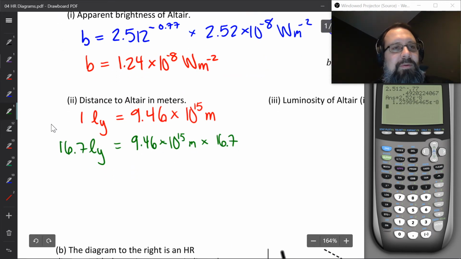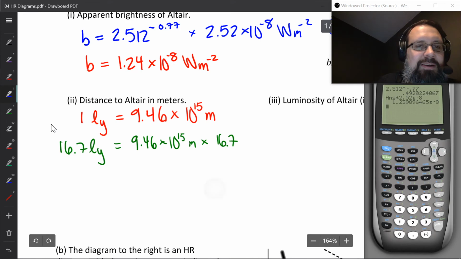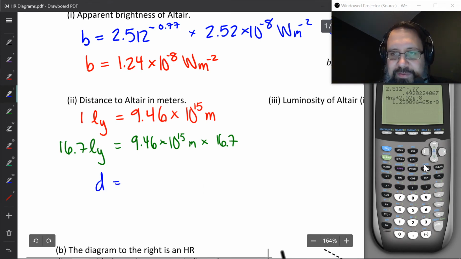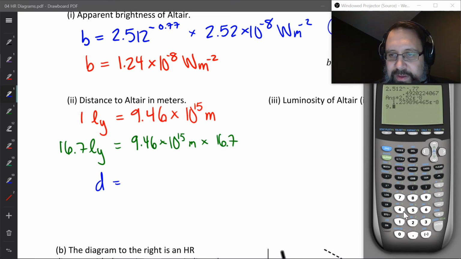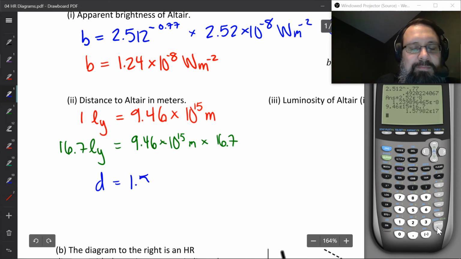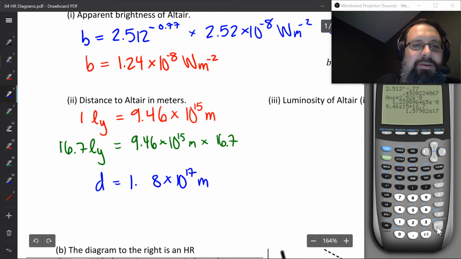If we do that, we find that the distance to Altair, little d, is 1.58 times 10 to the 17 meters.